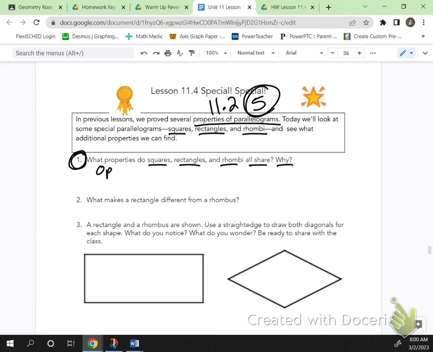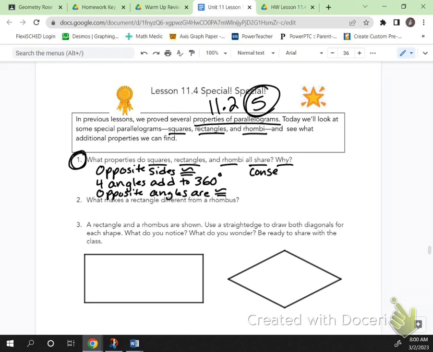So we've got opposite sides are congruent. We've got our 4 angles add to what? Quadrilaterals. The interior angle sum is always 360. Opposite angles are congruent. And the list goes on.